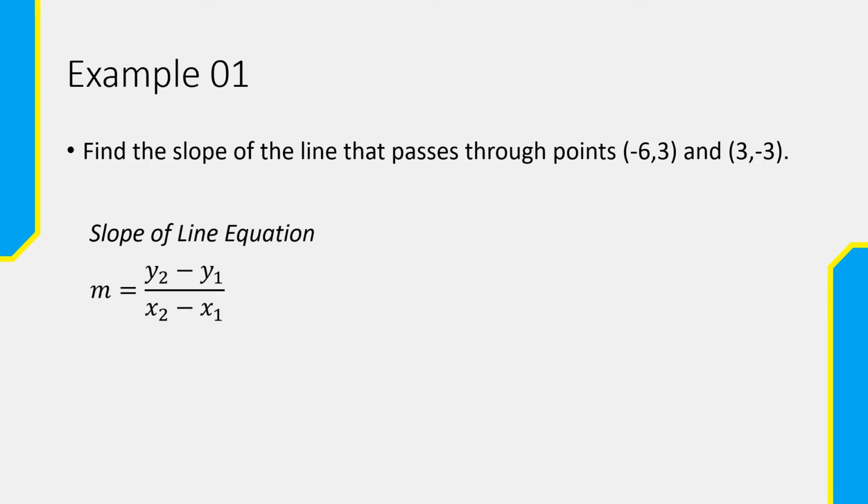Okay, so with us being given two coordinates in the problem statement, those being -6, 3 and 3, -3, we are given all of the values needed to determine the slope of this particular line. So we're going to use the slope of the line equation as shown here.